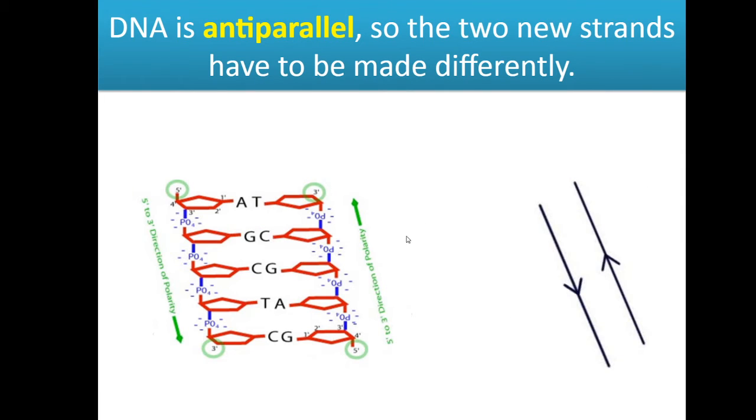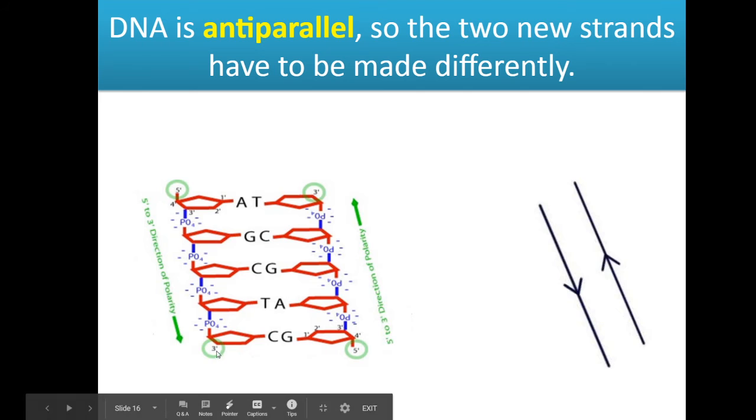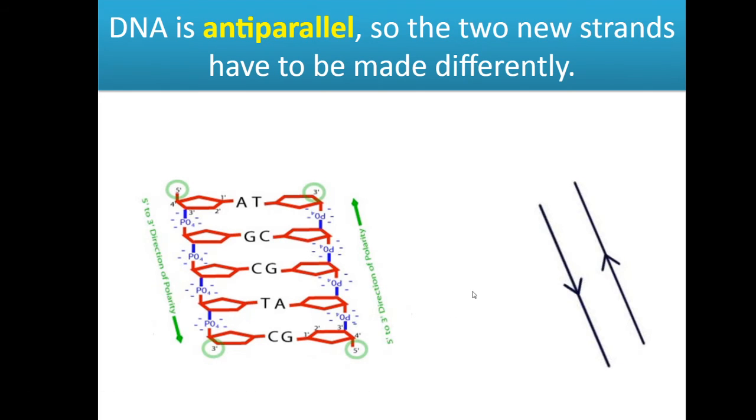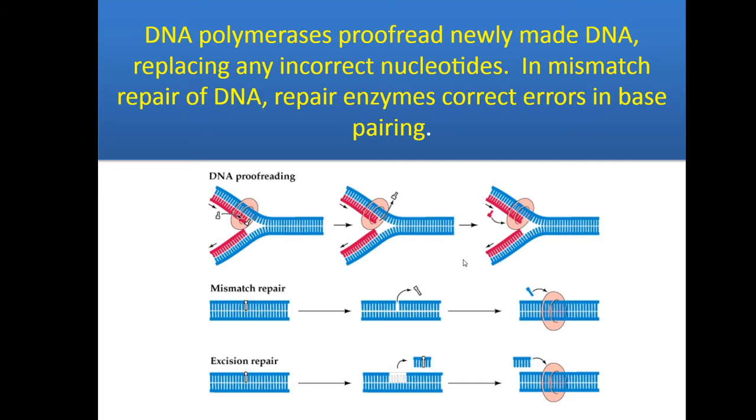Now, this process is what we call anti-parallel. The two strands are going to have to move in opposite directions, because the 3' to 5' on one of them, this way, is the opposite on the other side, which you know influences which strand is which, because our enzyme can only move from 3' to 5'.